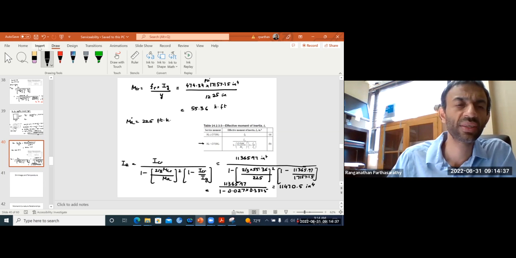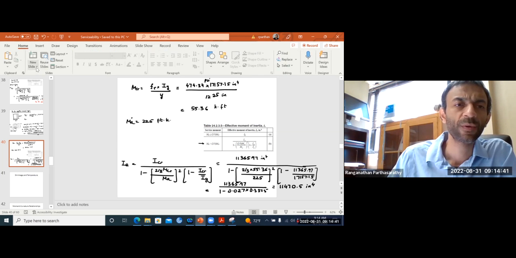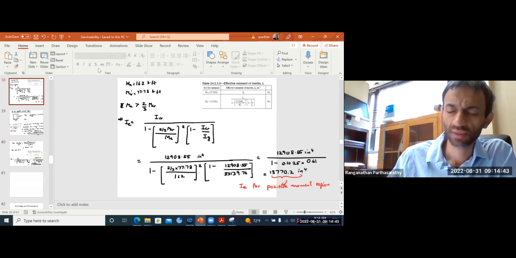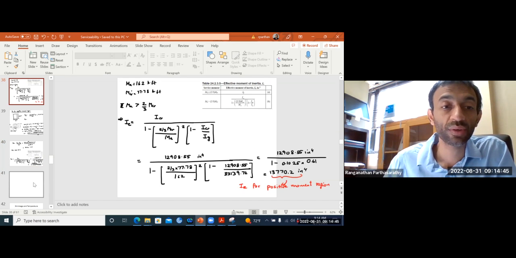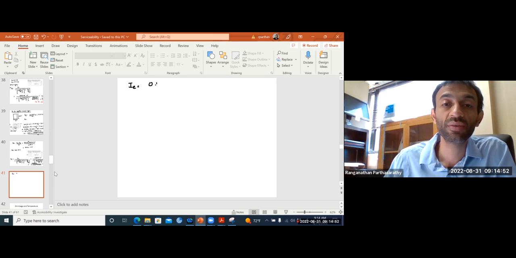So what did we say? Now we need to use the formula. I effective is 0.5 IE midspan, 0.25 from each of the two negative moment regions, right?